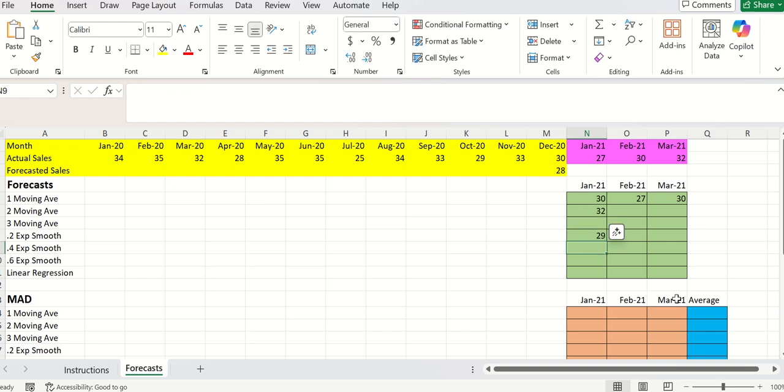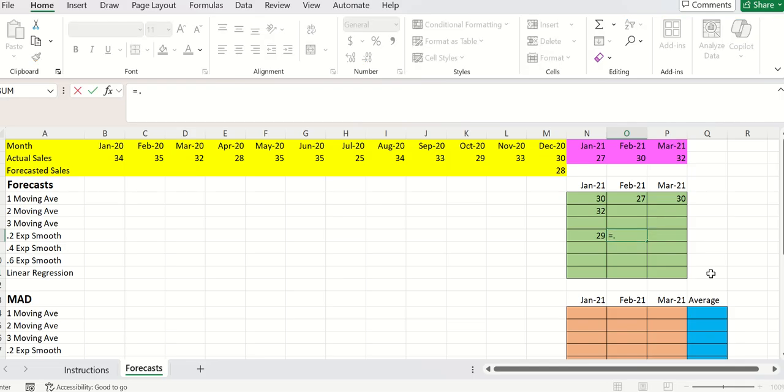The reason I'm doing that is because whenever it comes time for me to do my February forecast, remember that with exponential smoothing, I need to take 0.2 times the actual, and the actual for January was 27, plus 0.8 times what my forecast was.